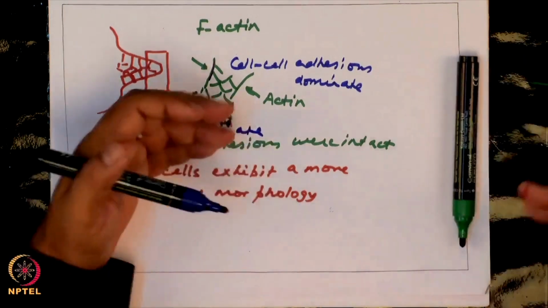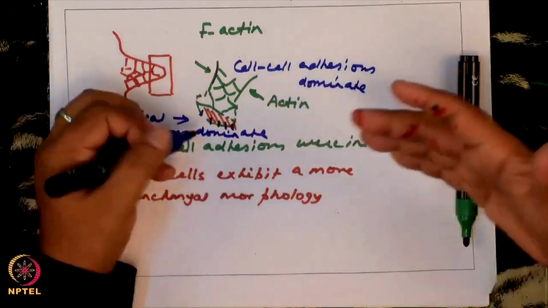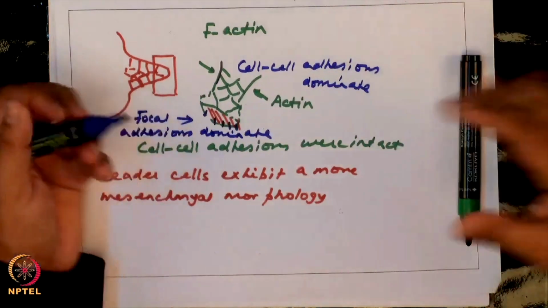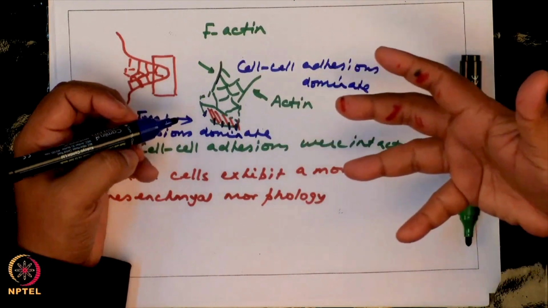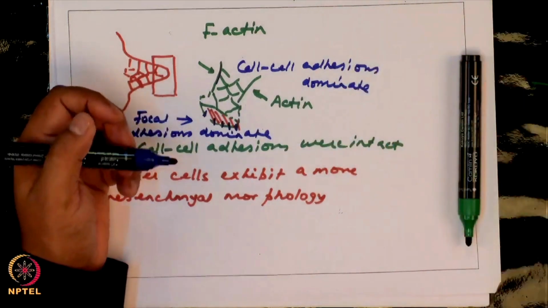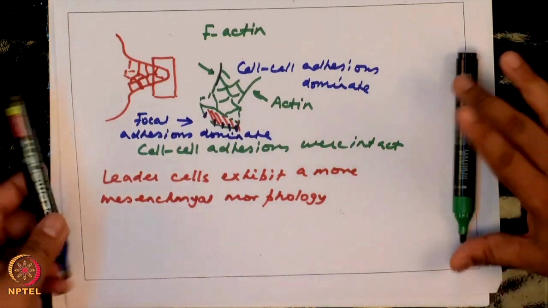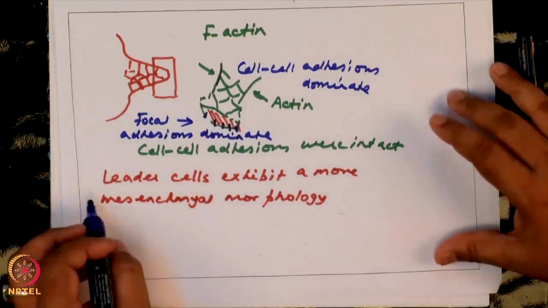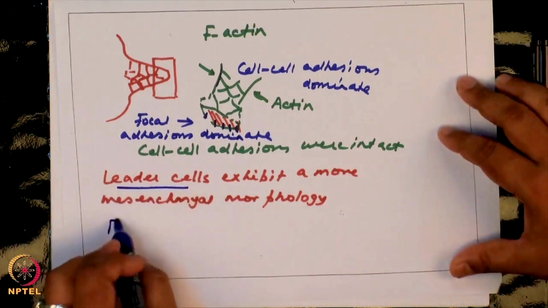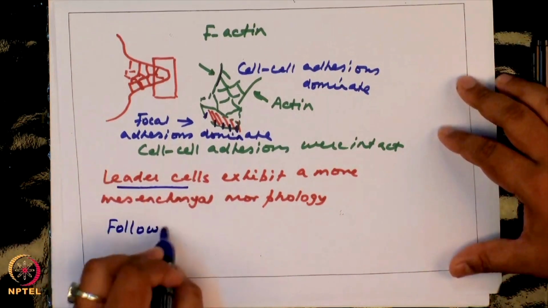So what the focal adhesions are allowing is this leading cell is trying to go outside, while the other cells at the rear end are following the leader cell. So you have leaders and followers: leader cells right at the leading edge, and follower cells.